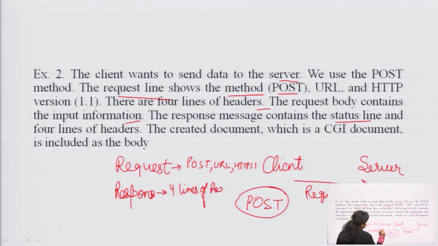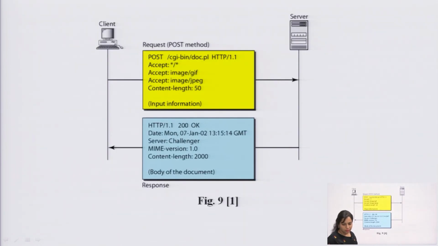So, you have to write the number of characters. The request body contains the input information, the response message contains the status line, and 4 lines of header will be there. That created document, which is a CGI document, is included as a body. So, this will be the CGI document which will act as the body of this response. Now, this is the diagram which is explained in this one.